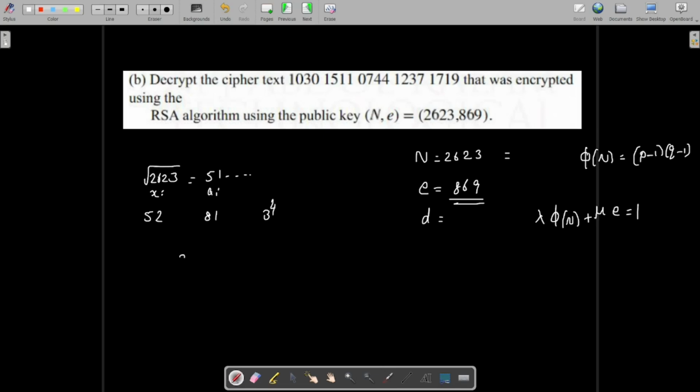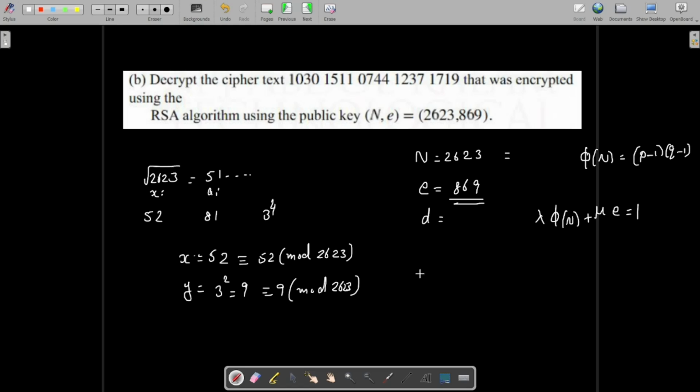Okay, so we choose x as 52 itself, and we choose y as the square root of 3 raised to 4, that is 3 square. So it's equal to 9. So these two numbers, when divided by 2623, the remainders are these numbers itself. So x is congruent to 52 mod 2623, and y, 9, is congruent to 9 itself mod 2623.